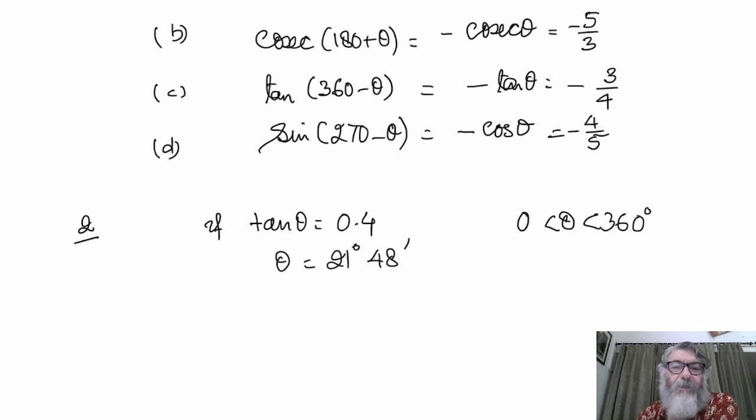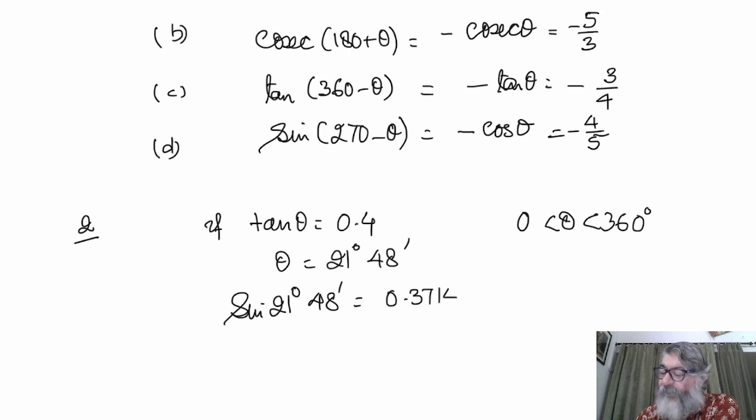So basically, if I calculate the value of sine 21 degree 48 minute, I will get 0.3714, which I have already calculated. When I take the negative values, the values remain the same, except a minus is added to it.